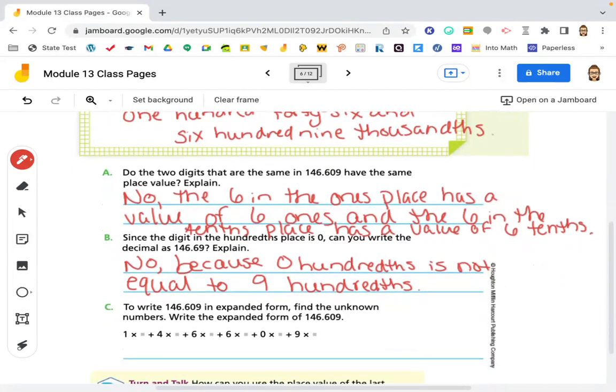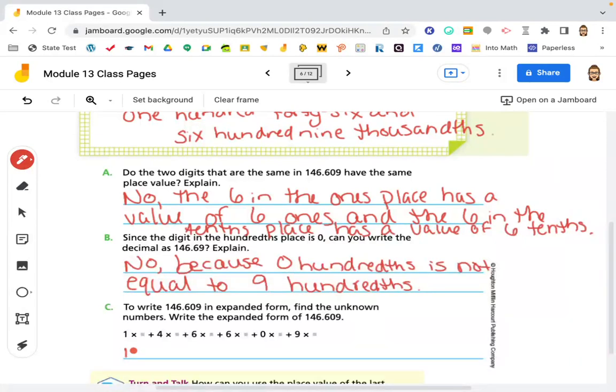So it says to write 146 and 609 thousandths in expanded form. So we basically write the place value.